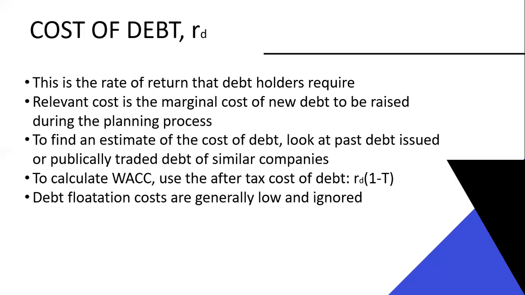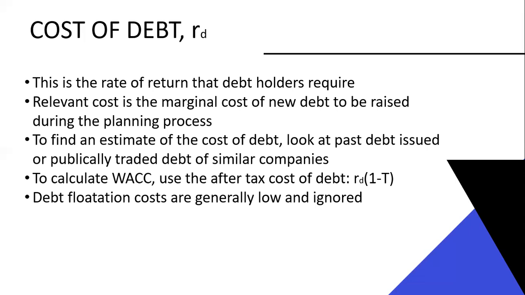How would you know what the marginal cost of debt is? Well, you can take an estimate of what the marginal cost of debt is today. That will give you some indication. But you can also look at other companies that have taken on debt for similar projects and try to find out what interest rate the banks charged them.